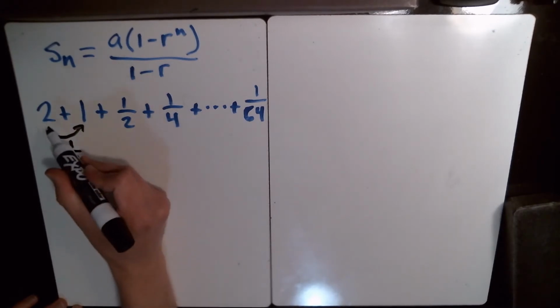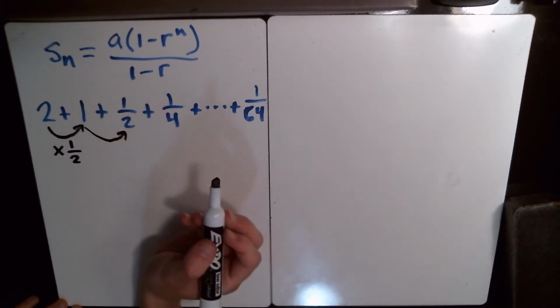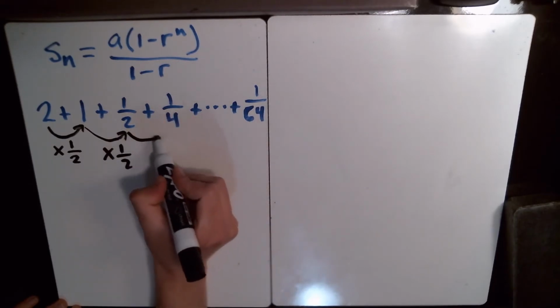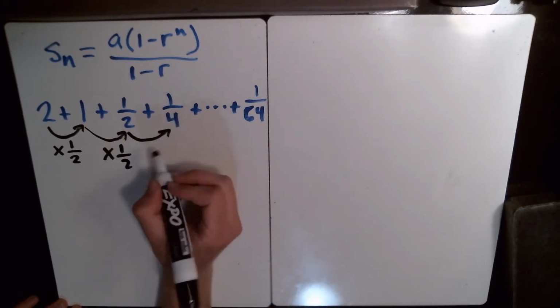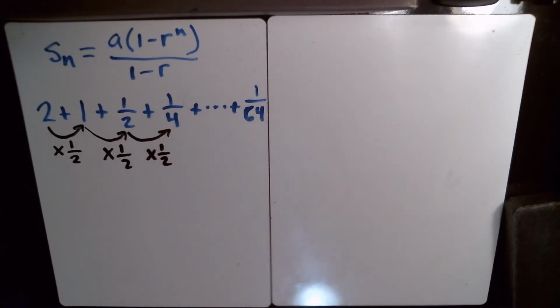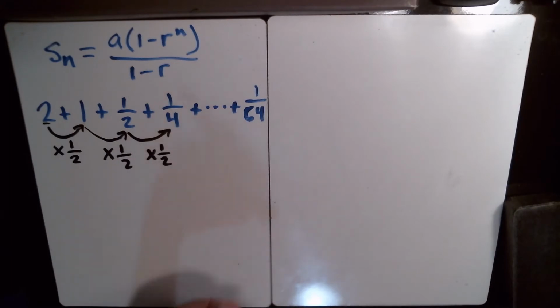To get from 2 to 1, we're timesing by a half. To get from 1 to 1/2, we're timesing by a half, and then by a half again. So this is geometric: the individual terms in this sum form a geometric sequence.